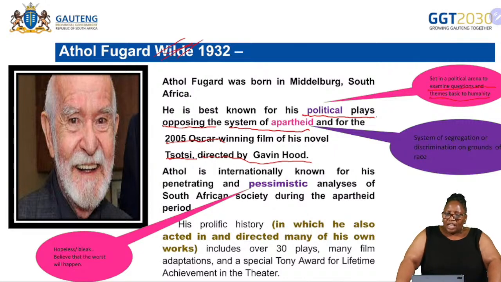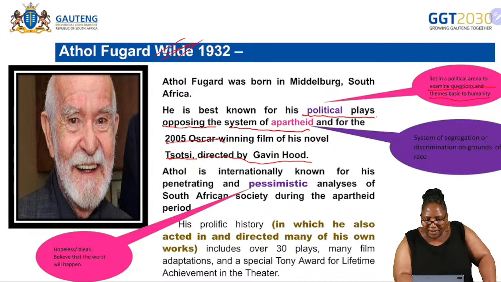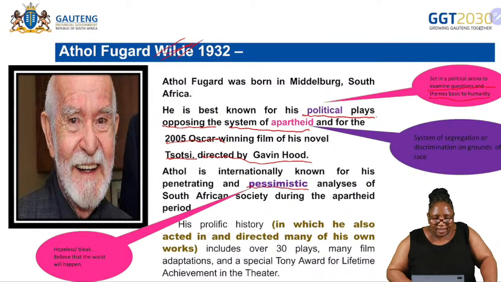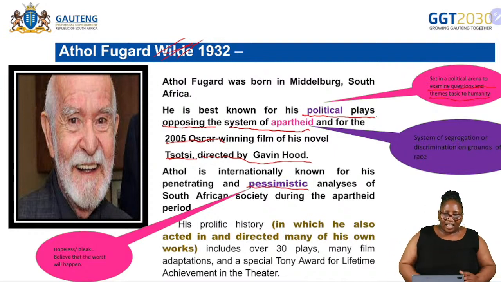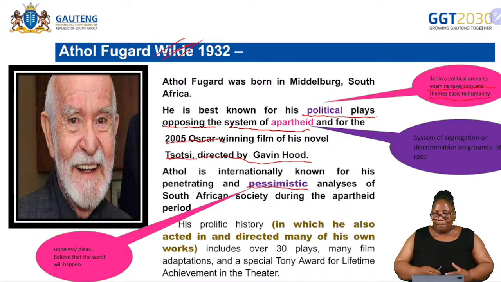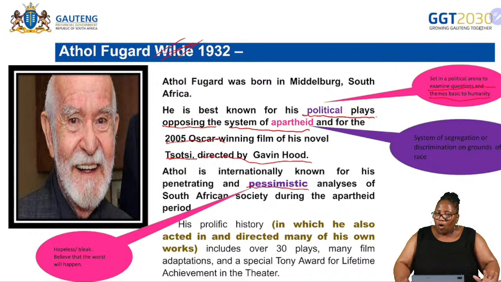Athol is internationally known for his penetrating, pessimistic analysis of South African society during the apartheid period. What is pessimistic? Pessimistic is to be hopeless. You believe that the worst will happen, that there is only hopelessness and things are bleak or negative.